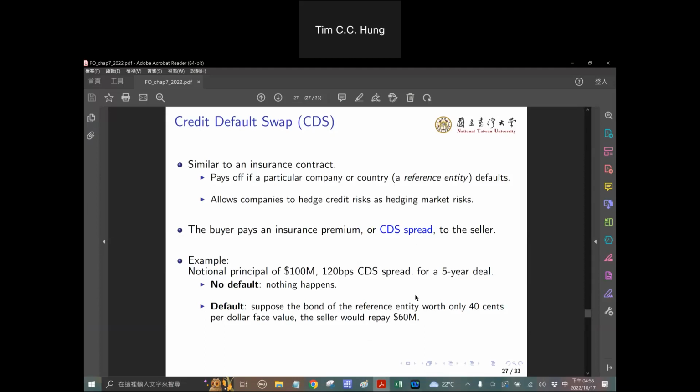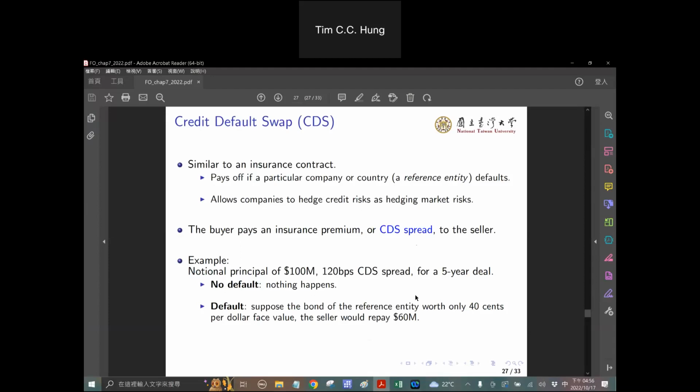to the financial institution. However, suppose they are betting on a bond or any kind of reference entity, and the reference entity defaults. Suppose that the reference entity is a bond that has a face value of $100, but at the time when it defaults, the remaining value only has a net worth of 40 cents. What it means is that the bank, the financial institution that underwrites such a CDS, will repay the part that's still missing for the default event.